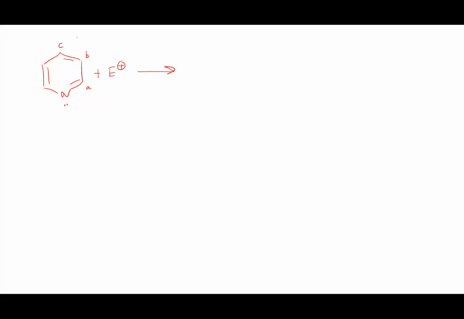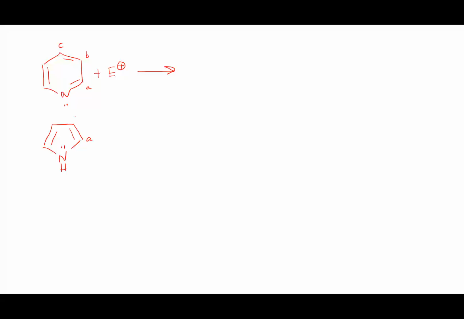So I could do that with this molecule to figure out the combination of resonance structures and where E plus should add. Should it add to A or B or C? And then we could take our molecule pyridine, or sorry, that was pyridine. This is pyrrole, which is also aromatic since the nitrogen lone pair is part of the pi system.